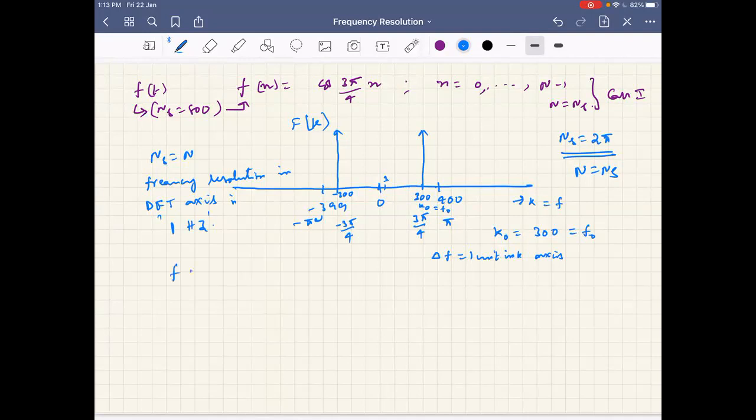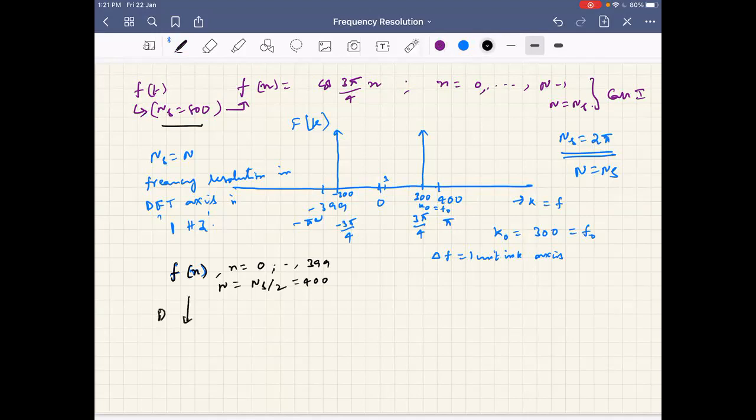Now take f of n again, with another color. N equal to 0 to only 399 samples, that is, Ns by 2. You have taken the number of samples N equal to Ns by 2. So in this case, what will happen?